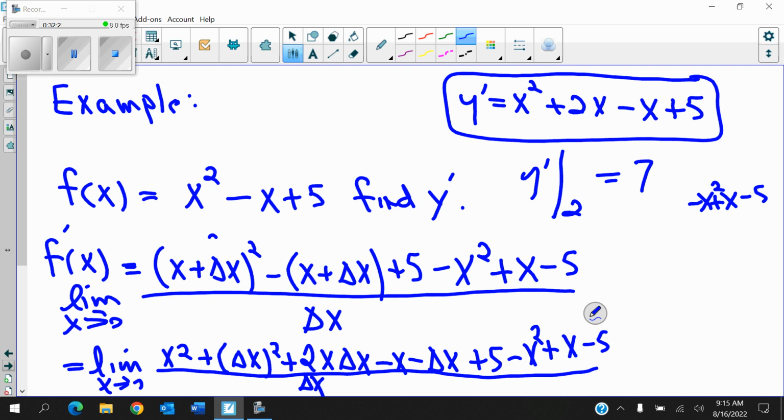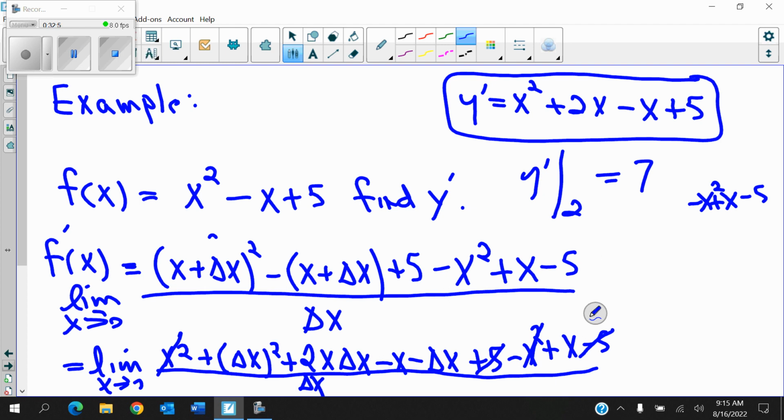Because at this point, we just got to start canceling things out. What happens here? The x squareds happily go away. Those are gone. The 5s go away, right? And that's everything that goes away.